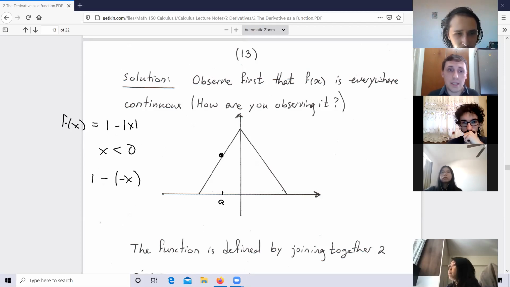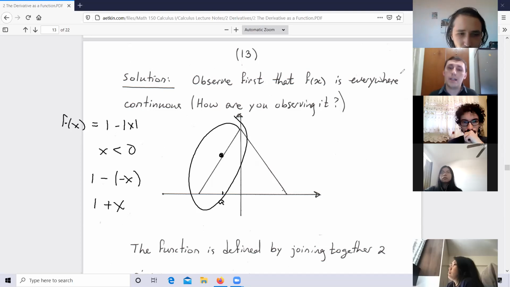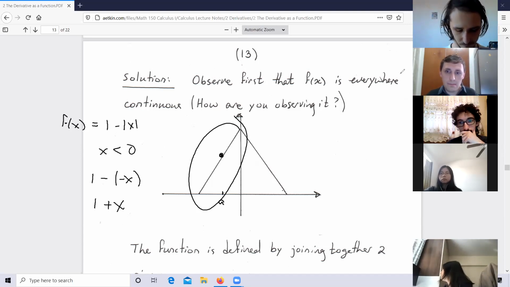So what I am seeing there is the line 1 plus x. This entire thing is the line 1 plus x. What slope does 1 plus x have? Well, you see the slope right next to the x. The slope is 1. Right? You don't need to do any calculation. 1 plus x, the slope is the coefficient next to the x. Are you with me? Okay, guys?